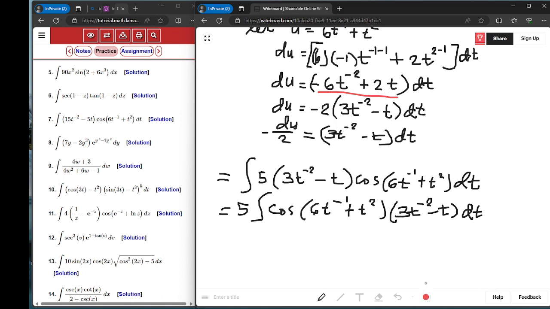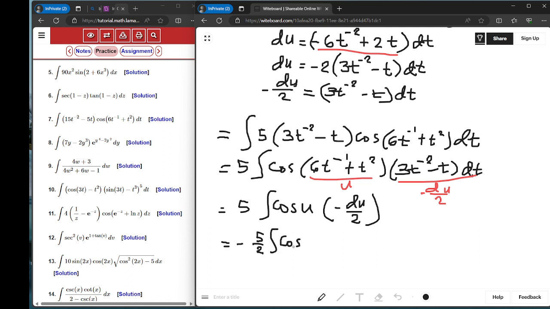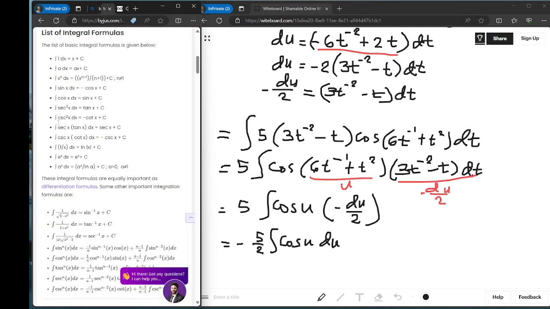Here, we can now substitute. This is our u, and this group here is our du over negative 2. So this is 5 times the integral of cosine of u times negative du over 2. We can move out negative 1 half, so this will become negative 5 over 2 times the integral of cosine of u du. Referring back to our formula, the integral of cosine is positive sine.